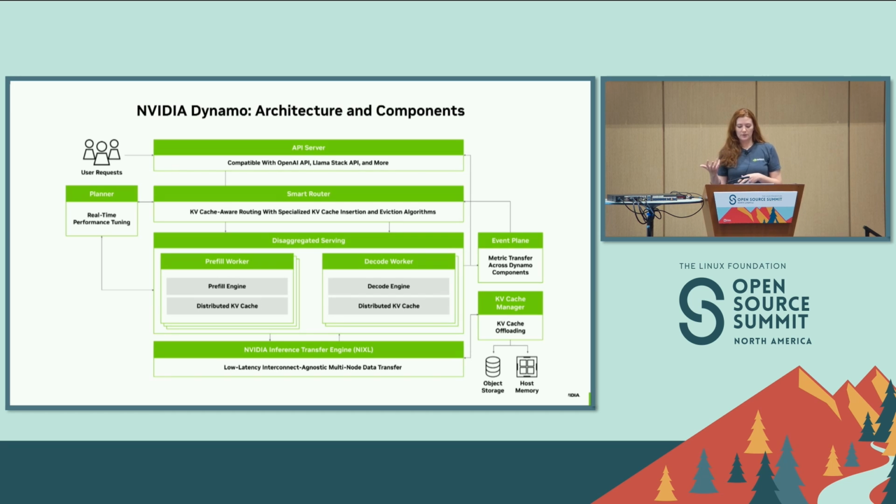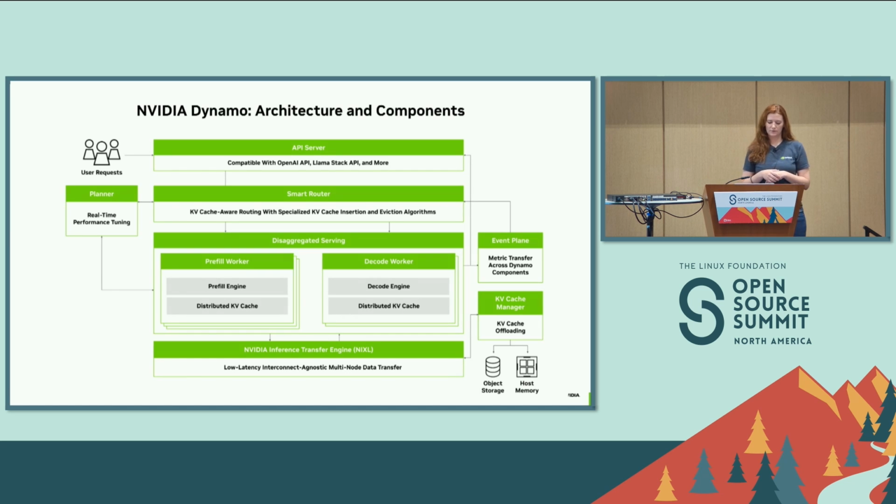We have the event plane. When KV caches are stored, there are events that the worker emits, and we want to collect them, subscribe to them and update KV cache trees. For KV cache management, there are more optimizations than just building the KV cache tree. We can also offload it to the host memory or to disk. Together with Dynamo, NIXL was released.